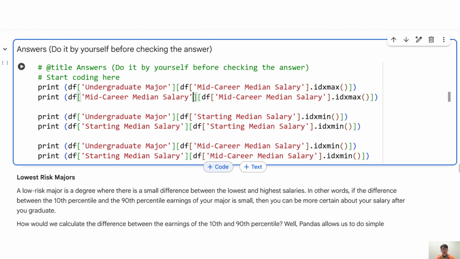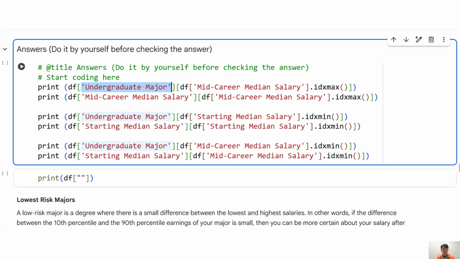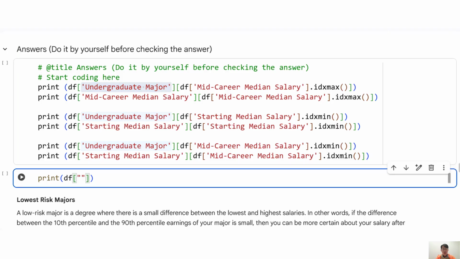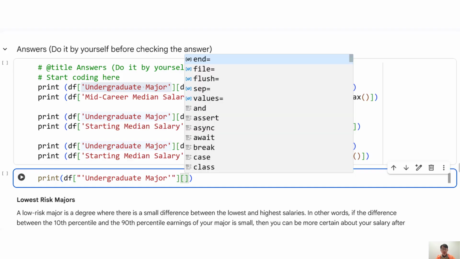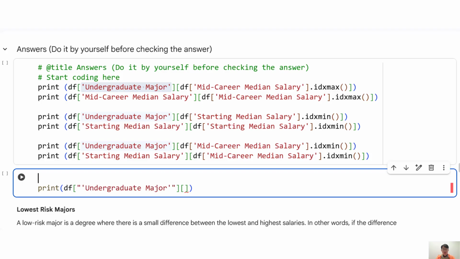So let's see how it works. For example, if I say I want to print df undergraduate major, okay, and in this column I need to identify the position, the number, so that I can extract the highest number in the column mid-career median salary.